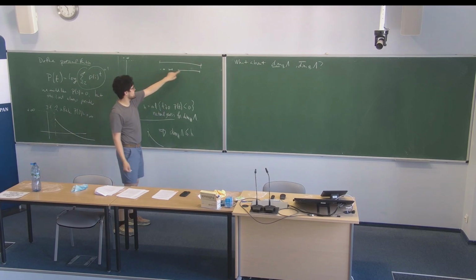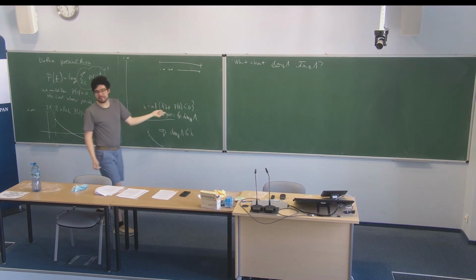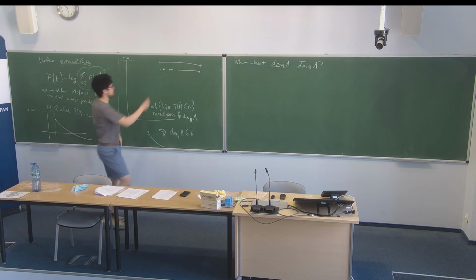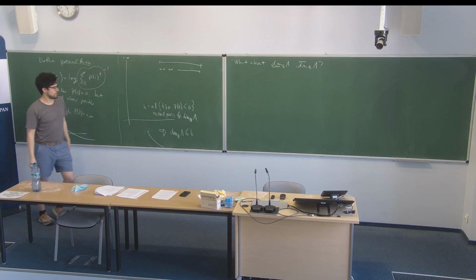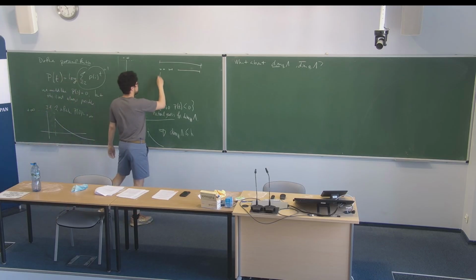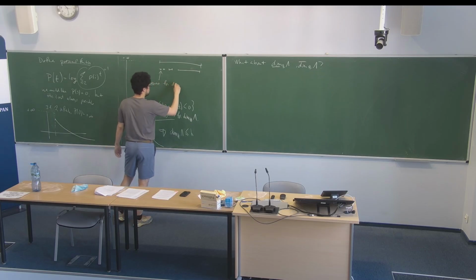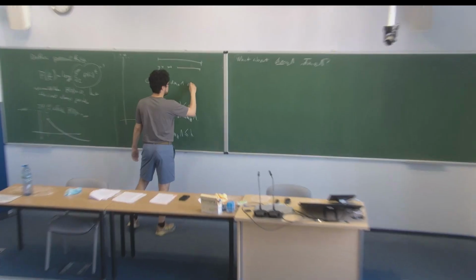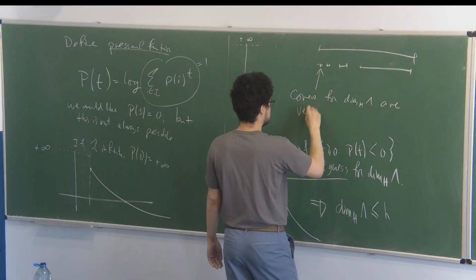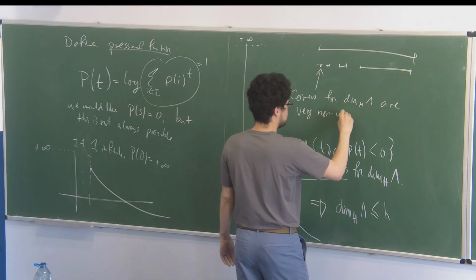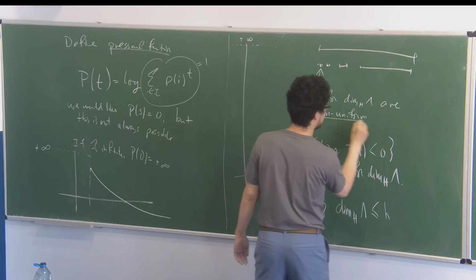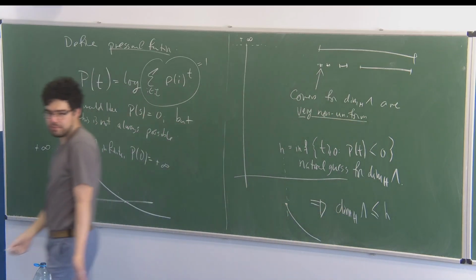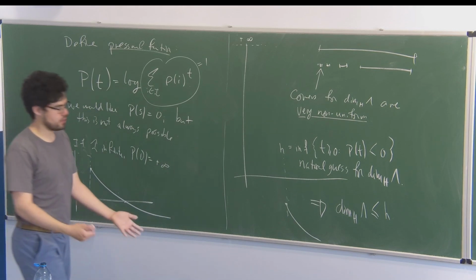Well, we used covers consisting of these intervals, but there are infinitely many maps. So these intervals have sizes which are decaying potentially very, very quickly. I should say that the covers for the Hausdorff dimension are very non-uniform, in the sense that we can't just use the same covers in order to understand box dimension.